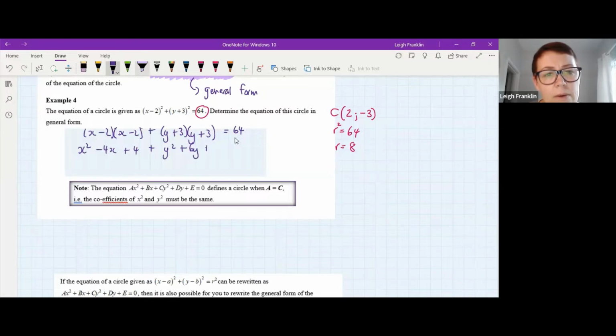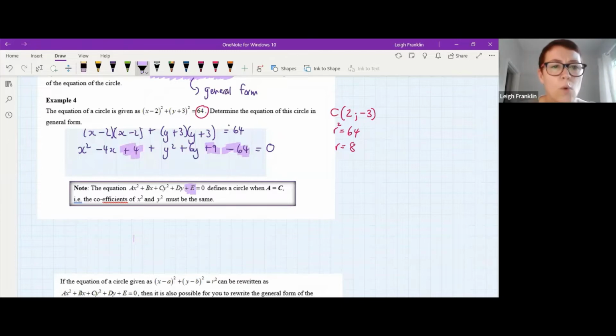plus 6y plus 9. Now I'm going to bring the 64 over and change its sign, and you can see I've equated the right-hand side to 0. The letter e is going to be a combination of three different numbers: the 4, the 9 and the negative 64 all combined.